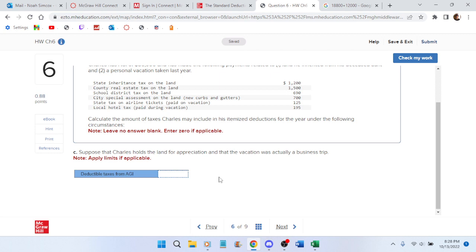I just thought of something. Maybe not both of those vacation taxes. Maybe one of them is and one of them isn't. That could be it. Maybe the travel counts. No, I don't think so. I feel like it should be neither, because if they're business expenses, then they would be a for AGI deduction.